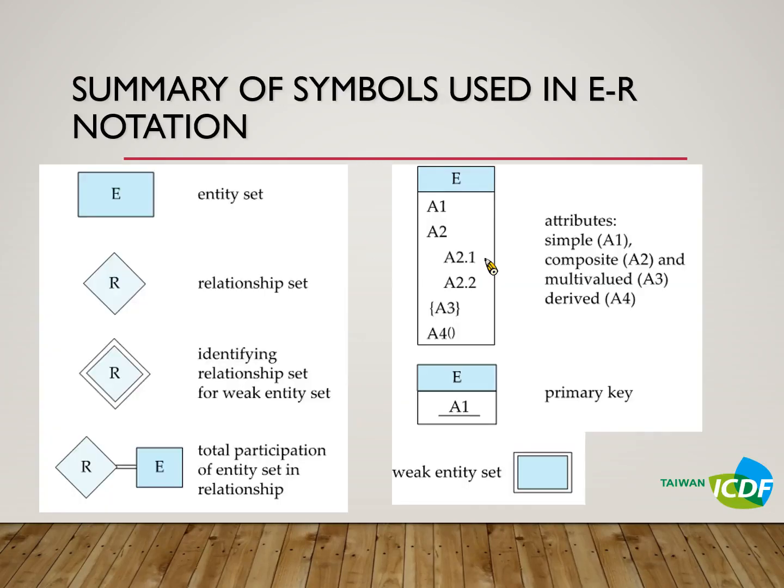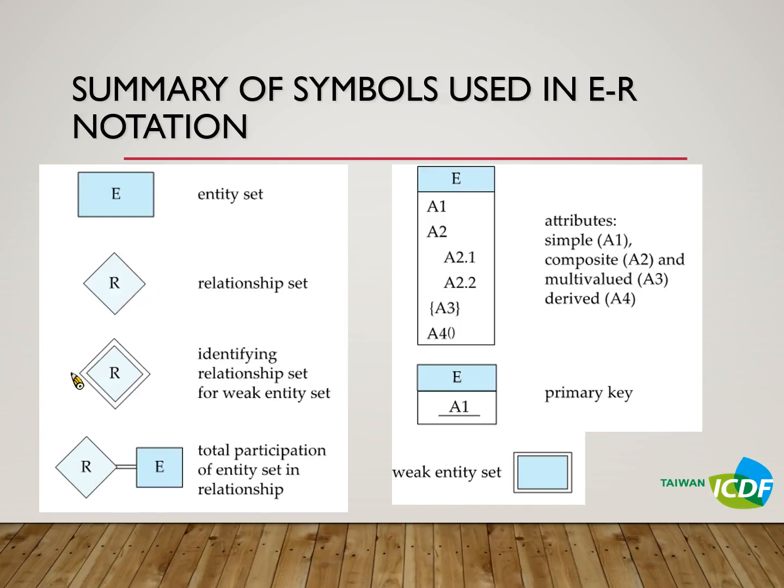And at the end of this chapter, I would like to make a brief summary of symbols we use in ER diagrams. Rectangles usually denote entity sets, and diamonds denote relationship sets.